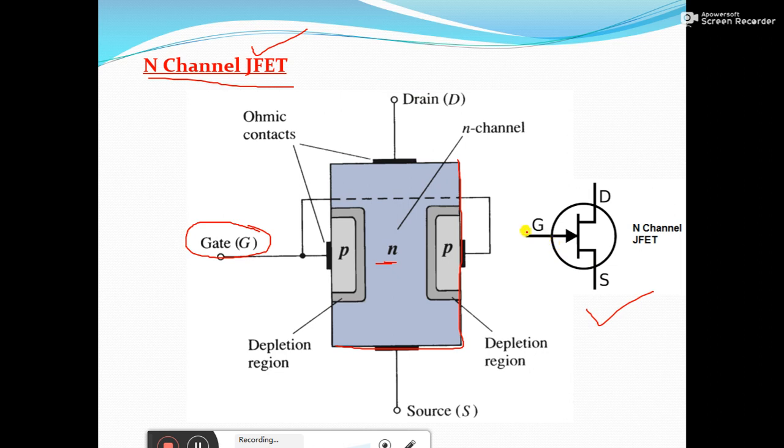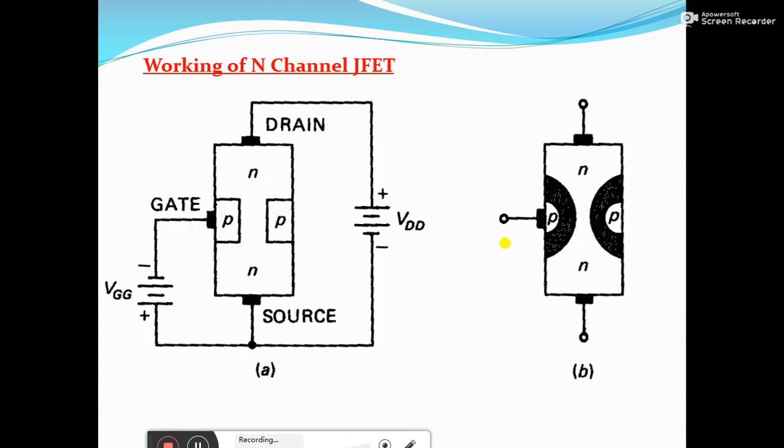While writing the symbol of a JFET, the current direction should be shown at the gate terminal. You can see the arrowhead, which indicates that the current will flow from gate to channel. That's why the arrowhead indicates the current direction here.